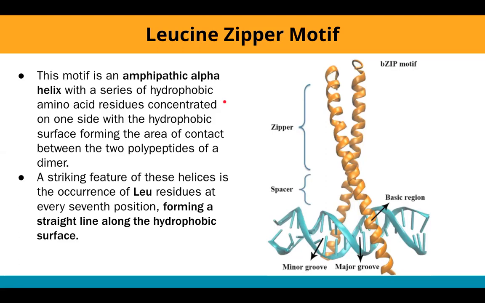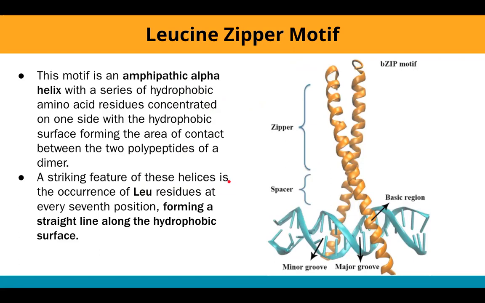Just to review, amphipathic refers to a property of a molecule or substance having both hydrophilic and hydrophobic parts. So for the leucine zipper, you would expect to see both a hydrophobic and a hydrophilic part.